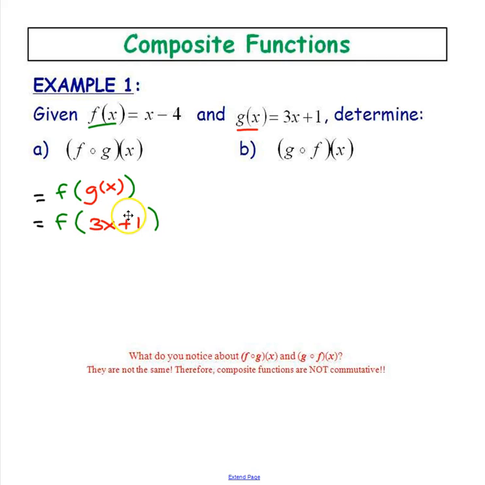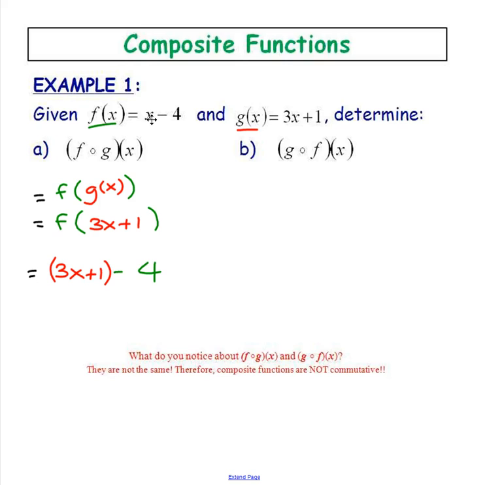So this is the domain for my f of x now. I got the -4 from f of x, and instead of the x, I'm going to write the g of x. That's basically what you're doing in order to substitute.